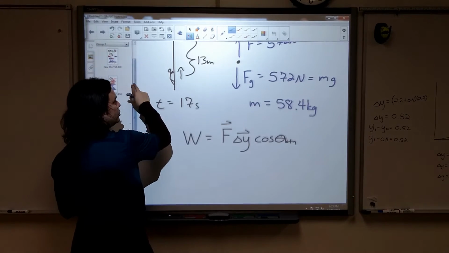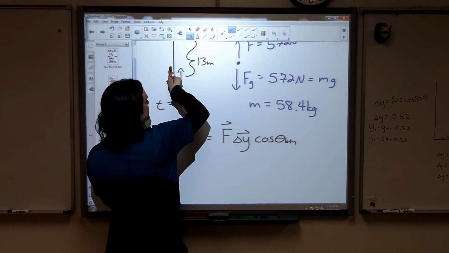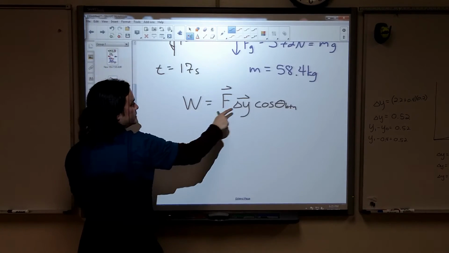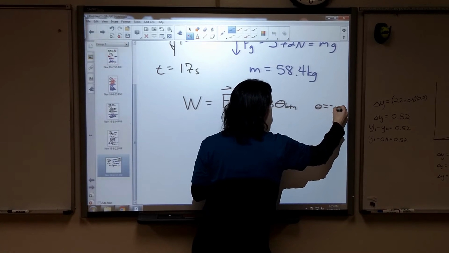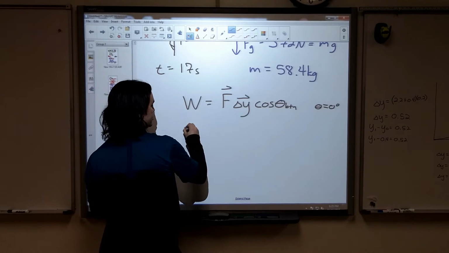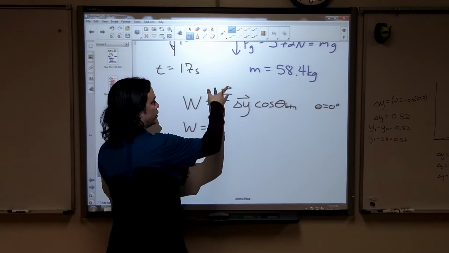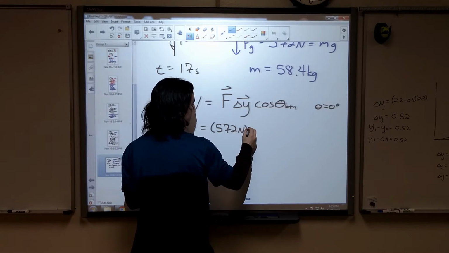Well, the force that the student is applying, they're doing the work here, they're pulling themselves up. The force is up, and the direction that they're going is also up. So theta equals 0 degrees. They both point up, they both point the same way. So my work done is going to be equal to the force. Well, we know the force that they're applying, which is 572 newtons.